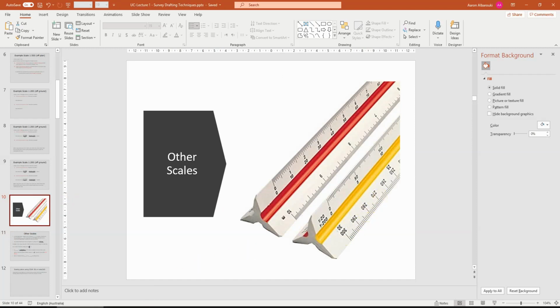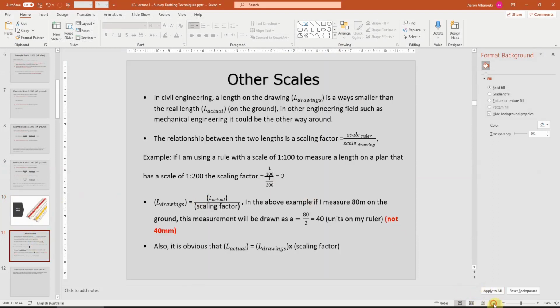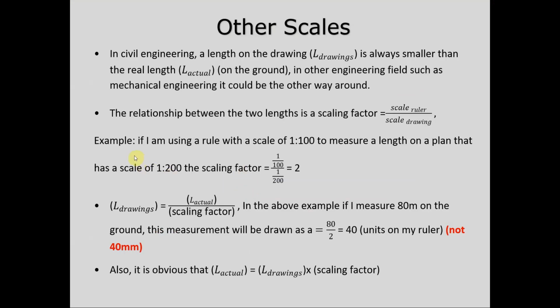I've got another example here. Say I'm using a ruler of 1 to 100 to measure on the plan, and the plan scale is 1 to 200. That means my scaling factor, as we said, will be equal to 2.